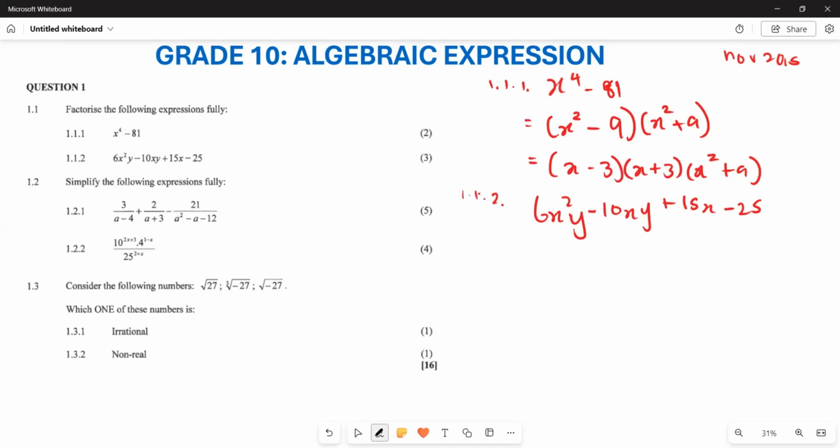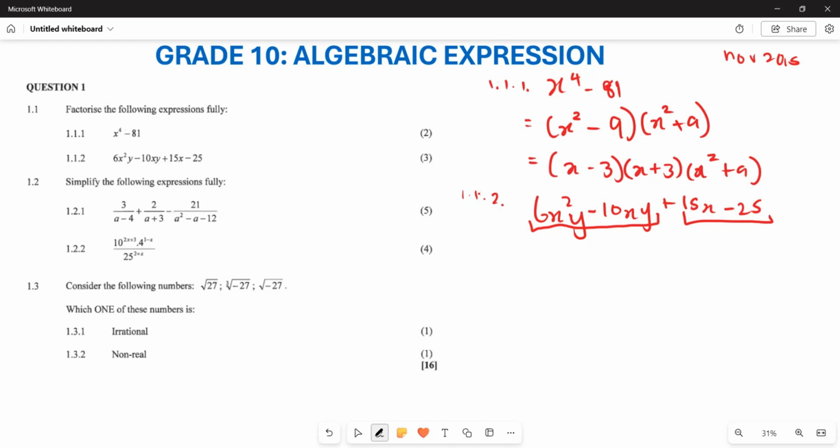What do we mean by saying that? We are saying firstly, our point of focus is going to be on these first two terms and also these last two terms, right? Let's start by looking at the first one, you are having 6x squared y subtract 10xy.